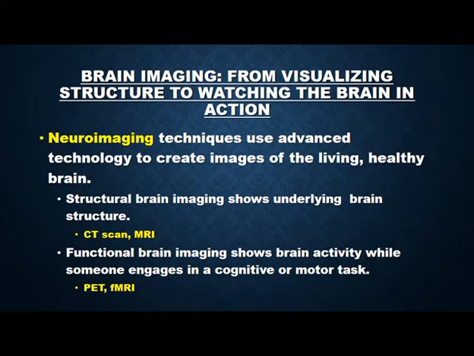Now we can use the same equipment to do what's called functional magnetic resonance imaging. Functional magnetic resonance imaging, same basic idea, but instead of imaging where water is in the brain, it's actually designed to see where you have been using oxygen.